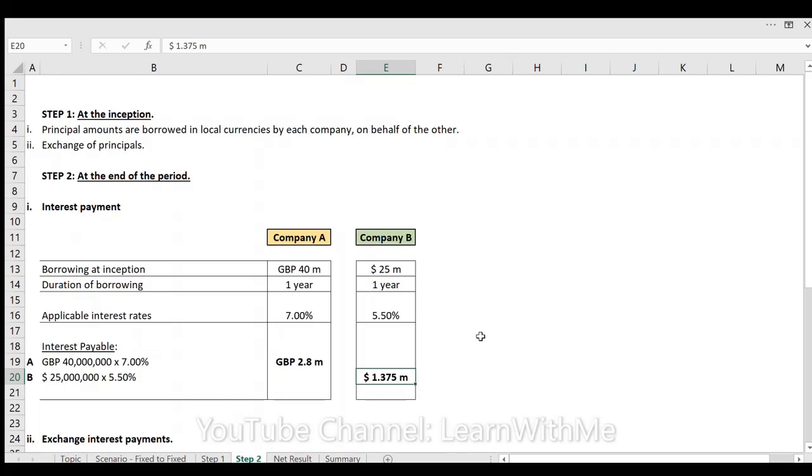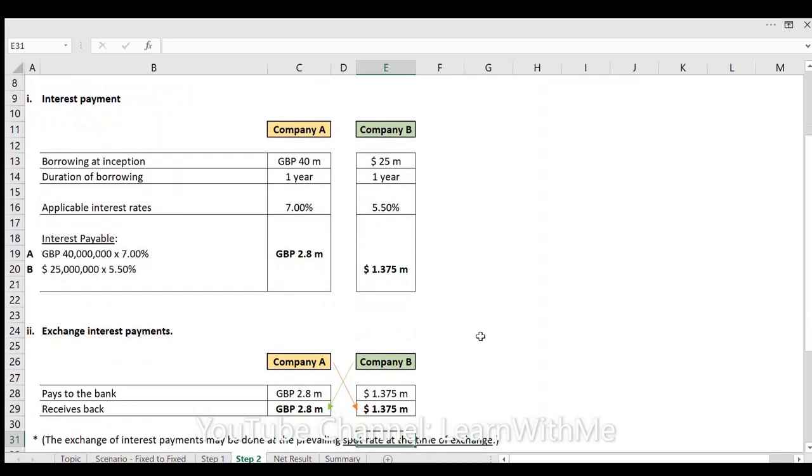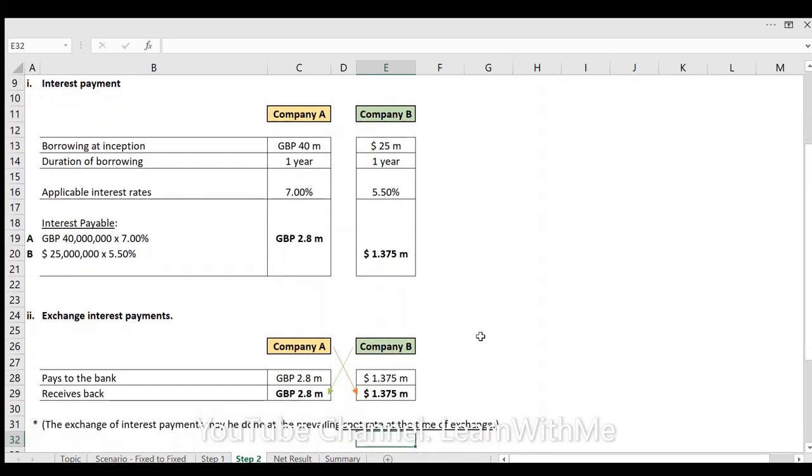You think these companies will bear the interest by themselves? No. Again, the burden of the interest is also transferred to the respective company. So again, there is an interchange of this interest rate commitment. What happens is, company A is reimbursed by company B for the 2.8 million pound interest expense that it incurs.